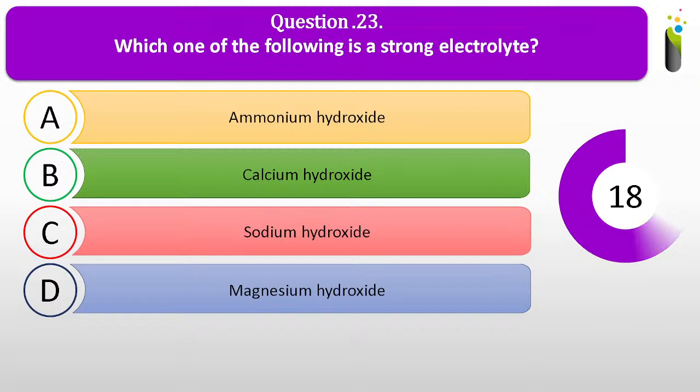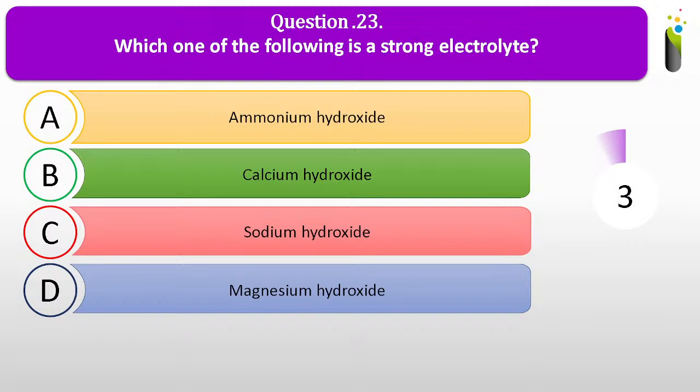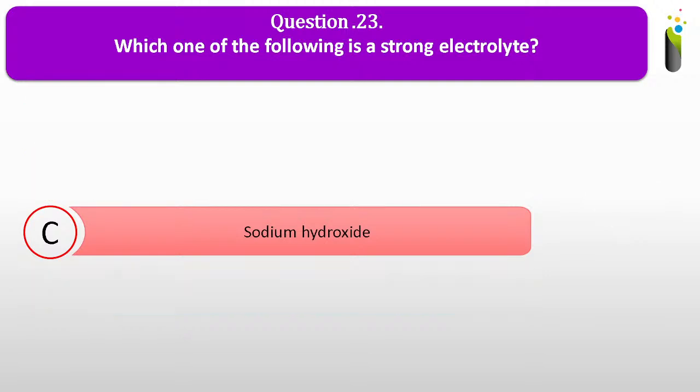So which of these is a strong electrolyte? So the correct answer, the strong electrolyte among these four that are listed here, is C, sodium hydroxide.